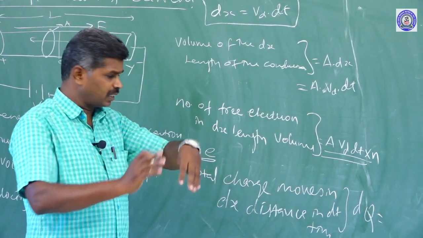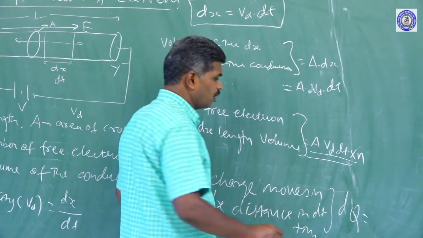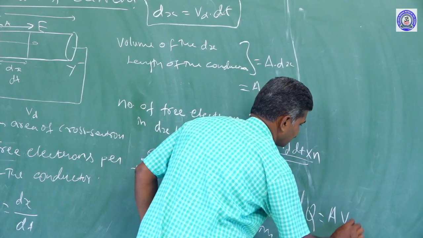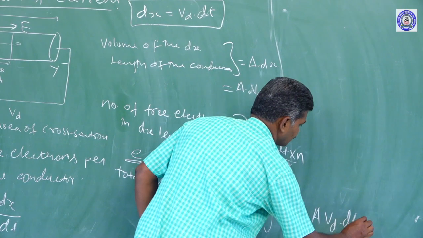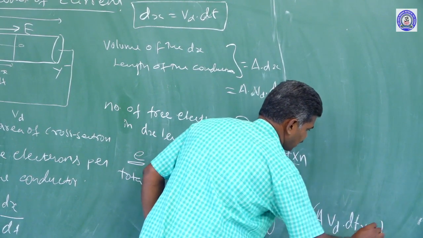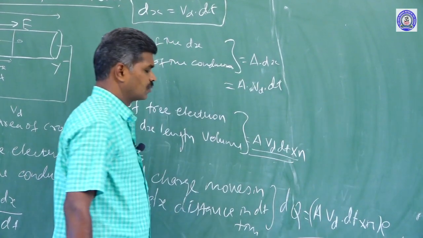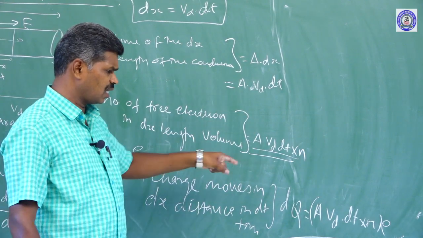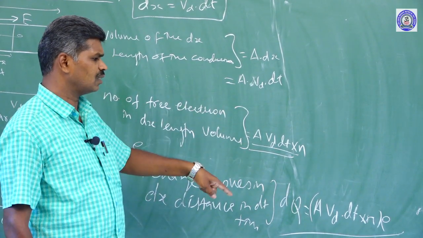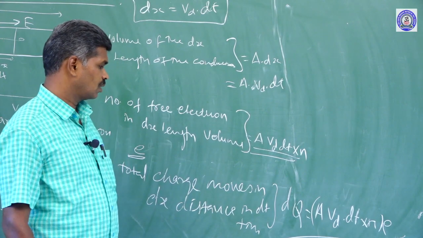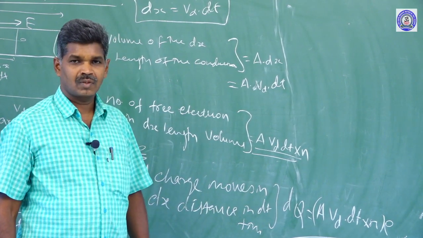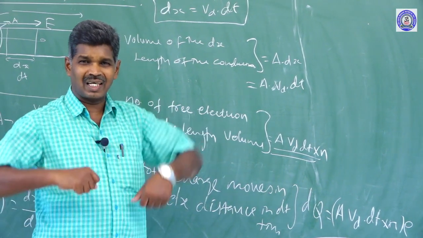That dq amount moves in a dt time. Anyhow, dq is equal to A Vd dt into n, and each one has a charge e, so the total charge is A Vd dt n e. This amount of charge moves in a dt time.